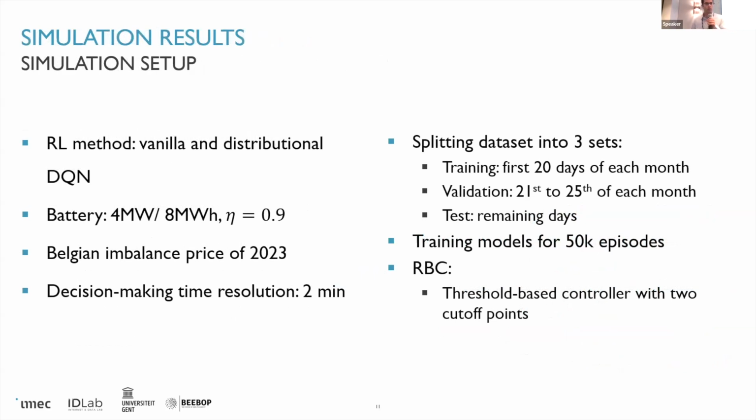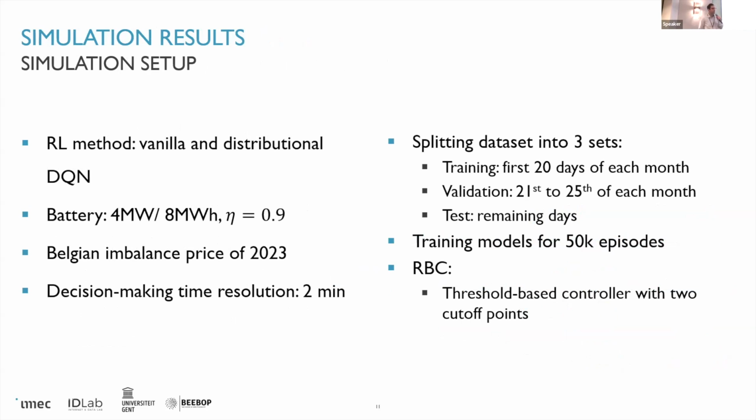So let's move on to our results. First, I'd like to talk about our simulation results. As I mentioned before, we used DQN and DDQN as our RL methods. The battery that we used was 4 megawatt, 8 megawatt hours with an efficiency of 0.9. We used the Belgian imbalance price of 2023 for training our model.